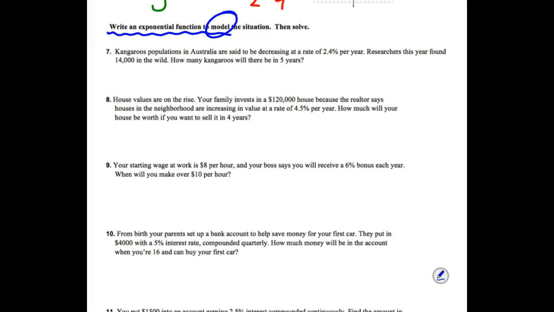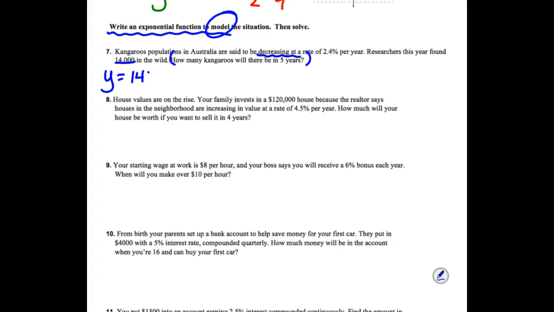So again, when we write our model, we're going to ignore this for a minute. All right, it is a decay situation. I know that because they said we are decreasing. So I'm going to start out y equals total number to start with.